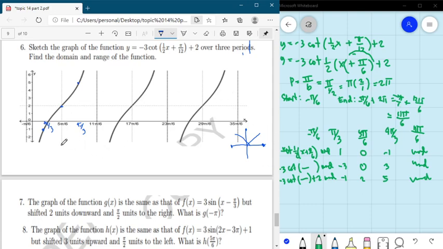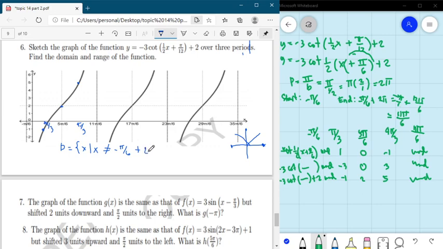So, from there, we can say that the domain has vertical asymptotes, so x is a real number such that x is not equal to negative pi over 6 plus the period, which is 2 pi.